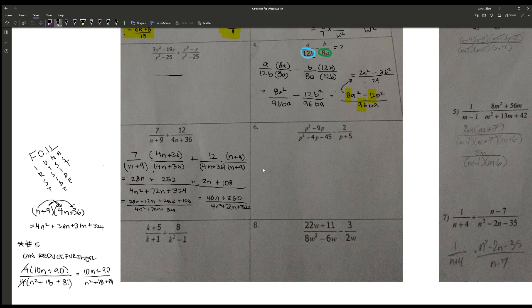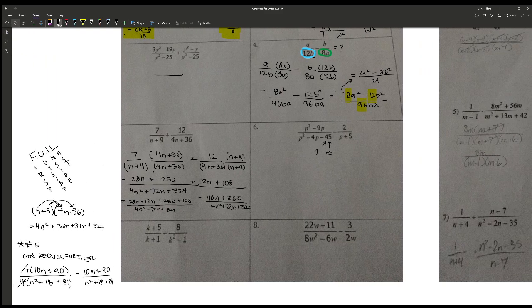Ideally, there are tons of other videos on YouTube that can help you out with that. So this screams negative 9. One of your numbers is negative 9 and the other is positive 5. That's because these multiplied together give you negative 45, and these added together give you negative 4.